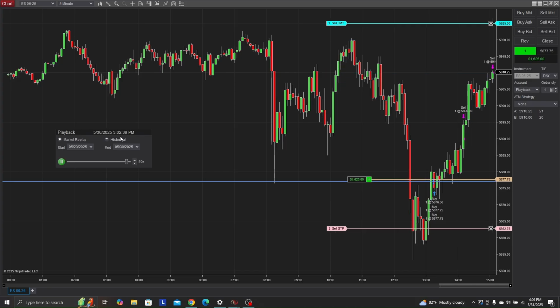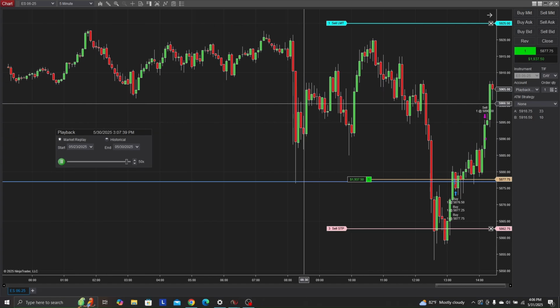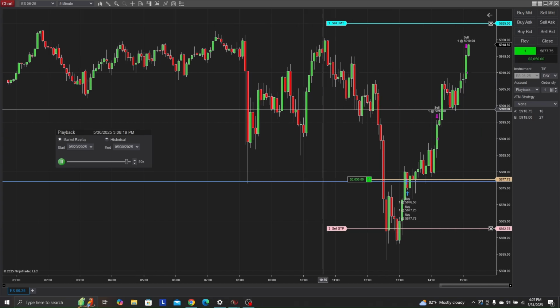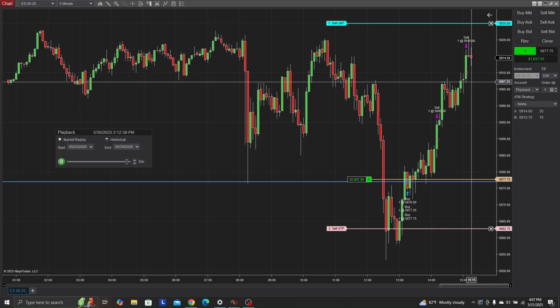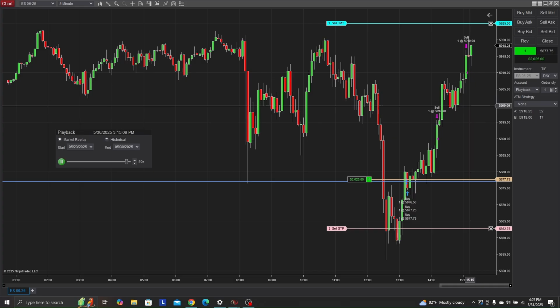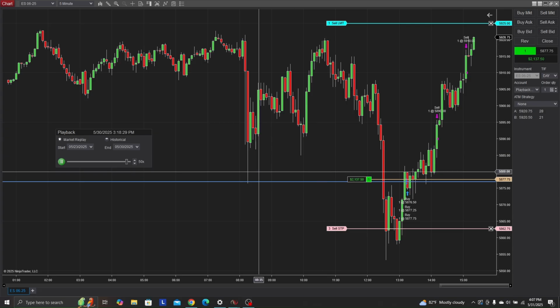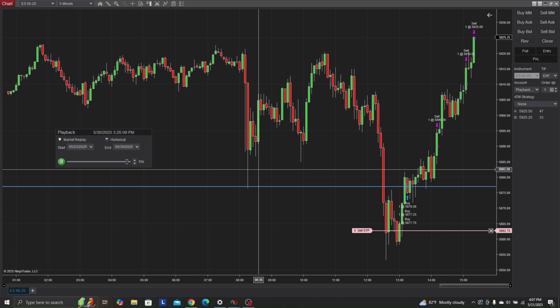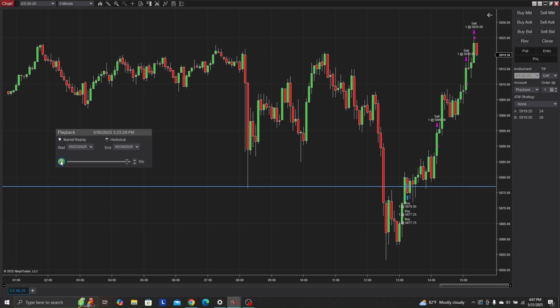All right, target 2 hit. So now we have 1 runner. Again, I'd probably personally be trailing a stop. I'd probably trail a stop to here or even here. 59.07. Let's see if this last target area hits. Boom. All 3 targets hit. I'm going to cancel out. Order canceled. Of that stop.